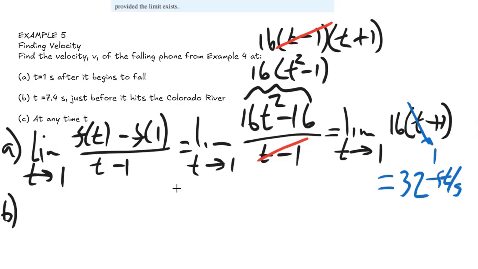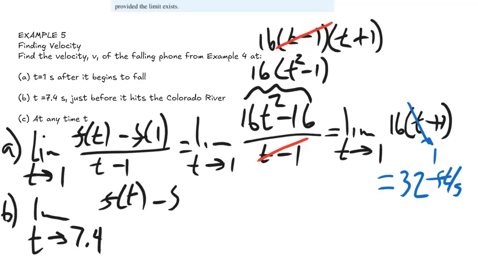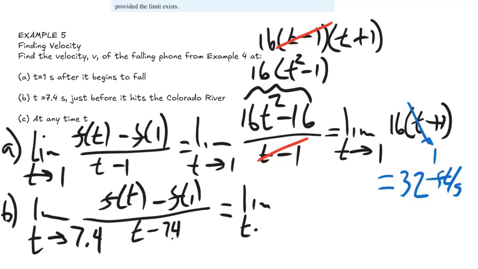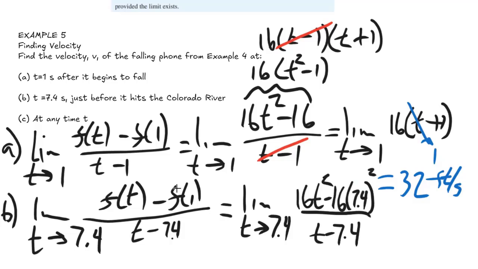For part B, we do the same exact process. We take the limit as t approaches 7.4 of f of t minus f of 7.4 all over t minus 7.4. Then we'll show you a little trick for evaluating the limit where we plug in the values. So we're going to leave the 7.4 squared as is and not simplify it any further, because we can now factor out a 16 from the numerator, and then we would have t squared minus 7.4 squared, which we could factor as a difference of squares.